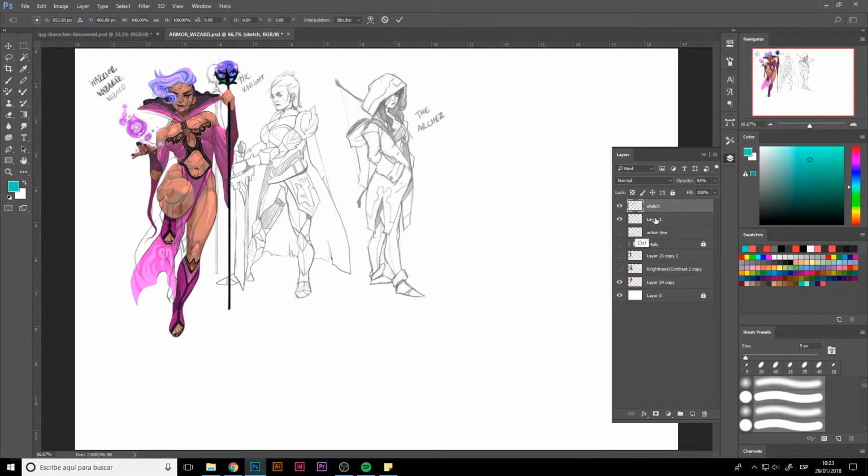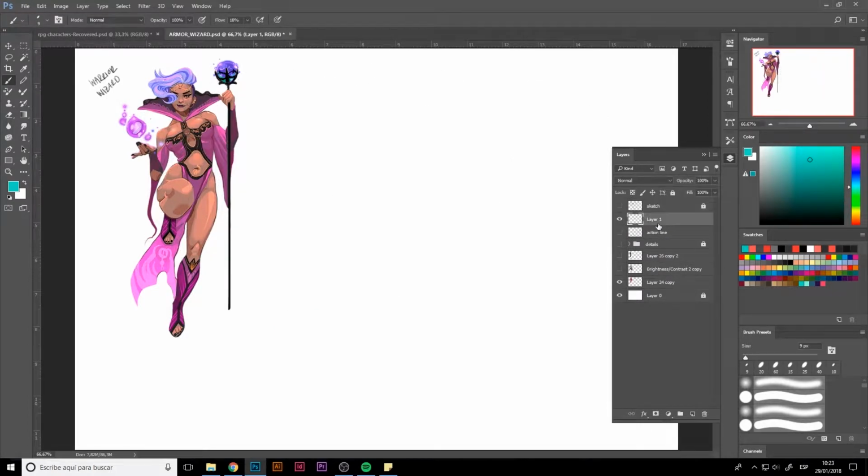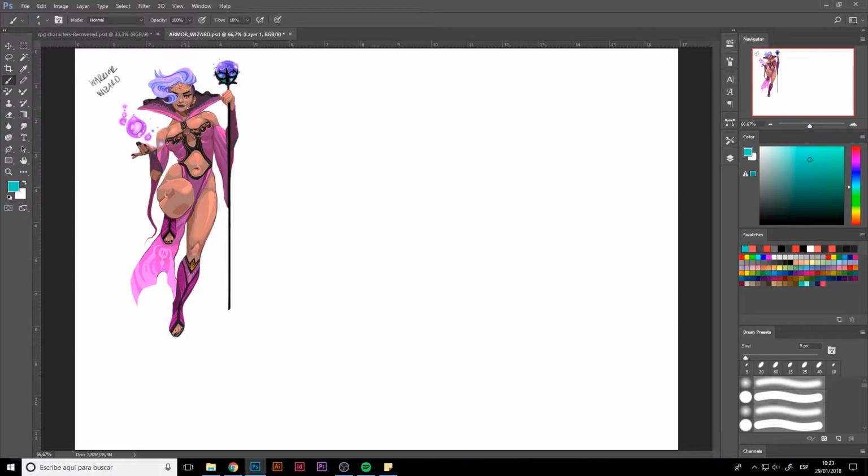Let's start to explain a little more about the characters. And yeah, I'm going to finish the healer, the support character, so that as a last lesson in this class of characters, we're going to be talking about the action line that she has.